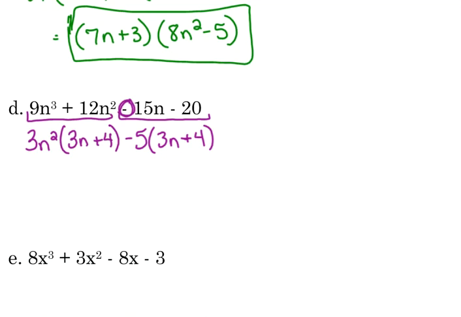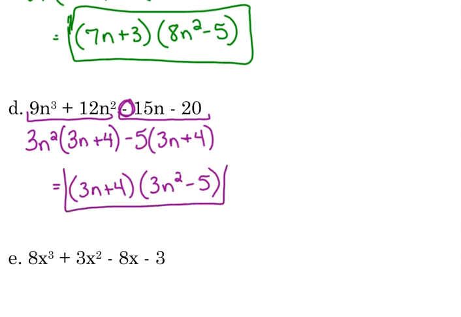Negative 5 times positive 4 is negative 20. Take out that GCF of 3n plus 4. We are left with 3n squared minus 5. It's the difference of squares, but they're not perfect squares. 3 and 5 are not perfect squares. So we're done with that.